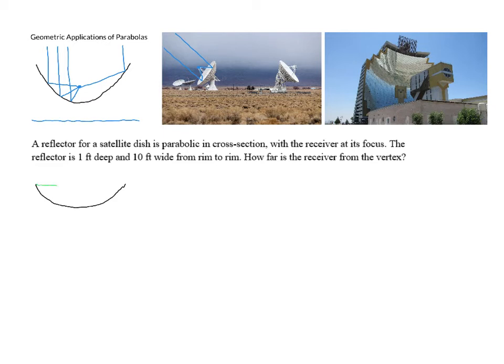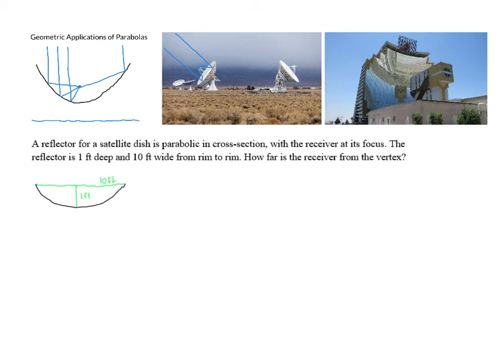And so we're told that the reflector is 1 foot deep and 10 feet wide from rim to rim. So what that means is that this total distance is 10 feet. That's the width from rim to rim, and the reflector is 1 foot deep. This particular drawing isn't quite drawn to scale, but we get the idea. And we want to know how far the receiver is from the vertex.